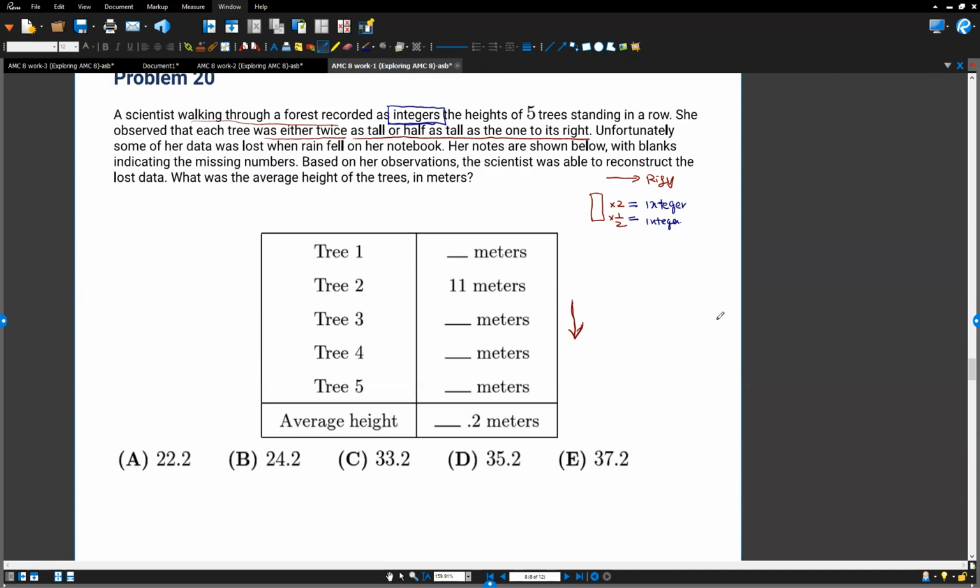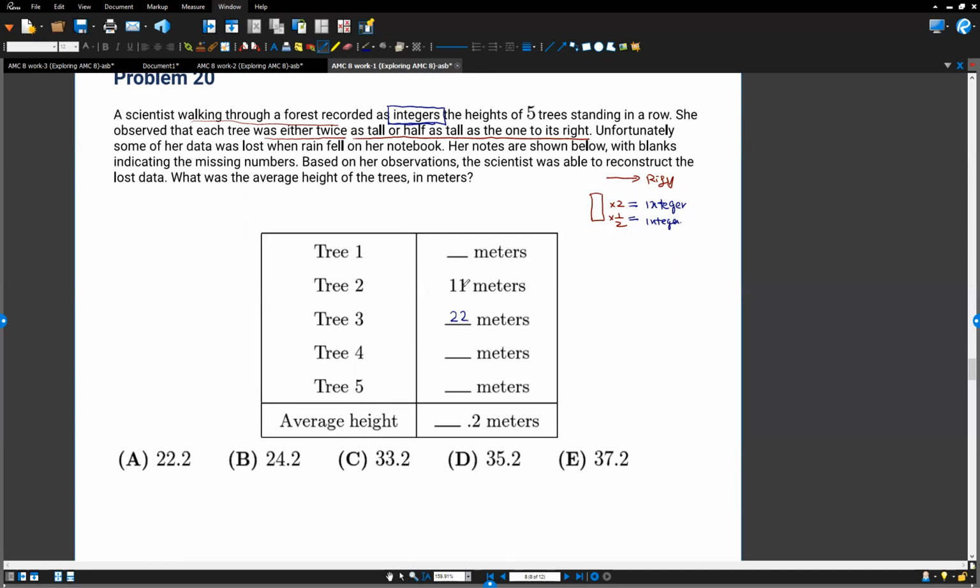Now take a look over here. This is number 11. The next number should be an integer. When you multiply by 1/2, you get 5.5, not an integer, so the only choice is times 2, which gives 22. What about before that?